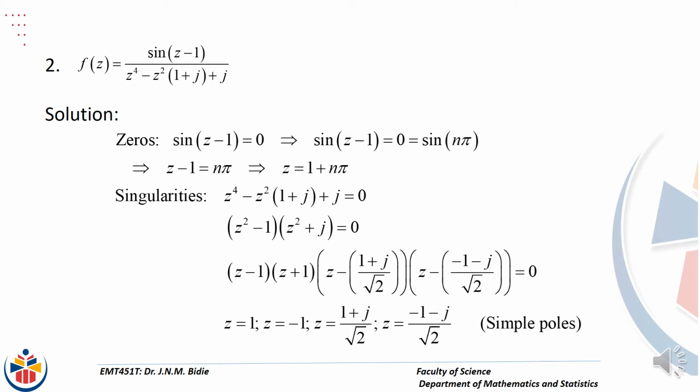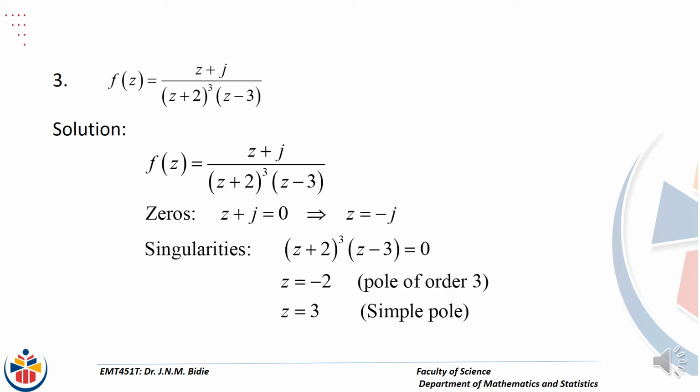Therefore, sine of z minus 1 is equal to sine n pi, and then we equate the arguments of sine. That means we've got z minus 1 equal to n pi, and therefore z is equal to 1 plus n pi for n an integer. For the singularities, we still have the same denominator that we had in the previous example.